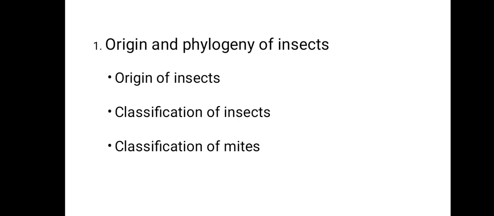We are going to take a look at that. And under this heading also, we are going to discuss mites and their classification too. And when we are done with this number one, then we'll progress to discuss the detailed morphology of insects.